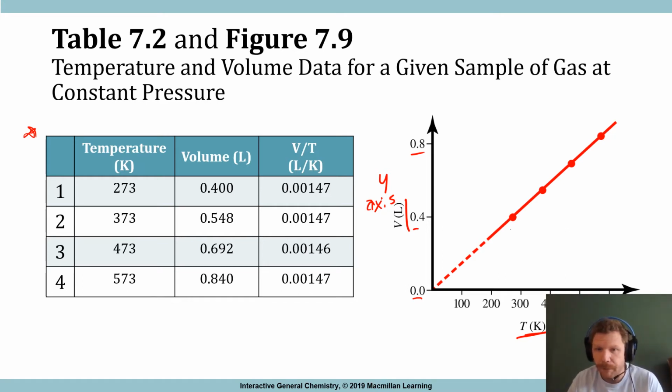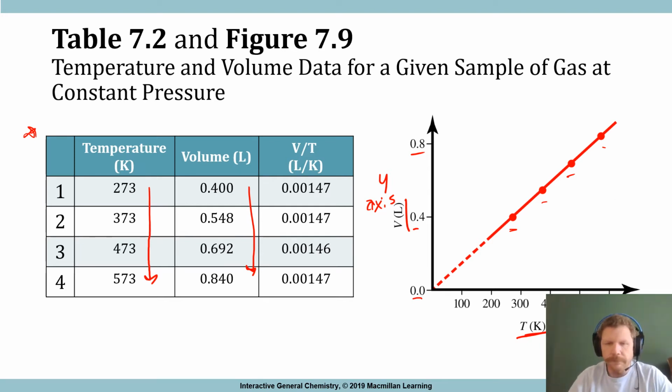The temperature goes from 300 to 400 to 500 to 600 Kelvin approximately, illustrated here as 273 to 373 to 473 to 573. As our volume increases, the ratio of volume over temperature, liters over Kelvin, remains almost the same.